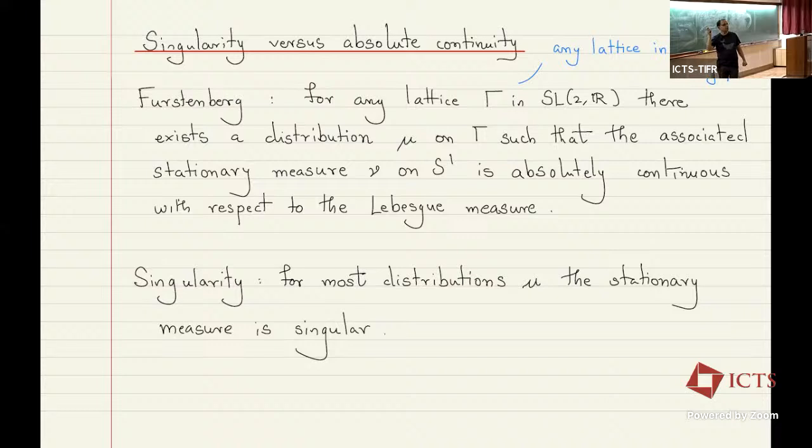This theorem of Furstenberg's is the beginning of what is called rigidity theory for lattices in Lie groups. For example, you can use this idea to prove that a group that arises as a lattice in SL2R cannot arise as a lattice in SLnR, where n is bigger than 2.